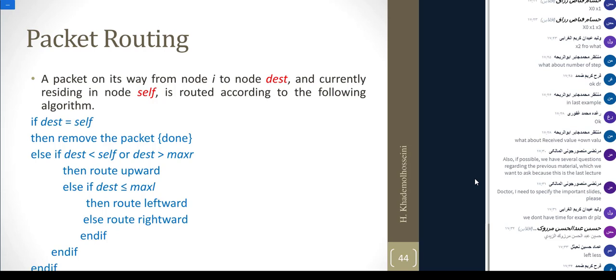So based on preorder, we write this pseudocode, which is based on preorder indexing. Why are these codes written here?